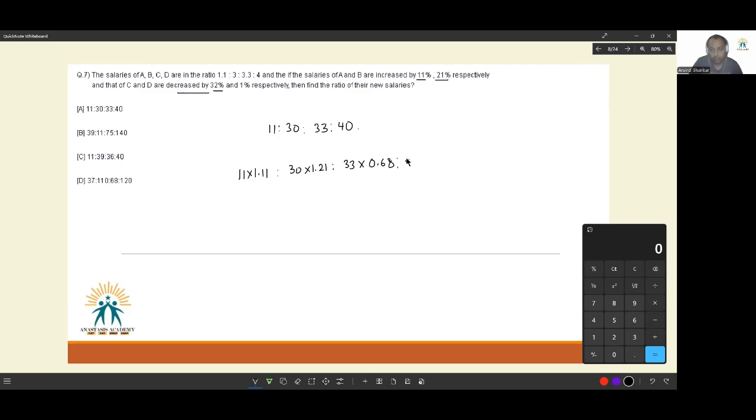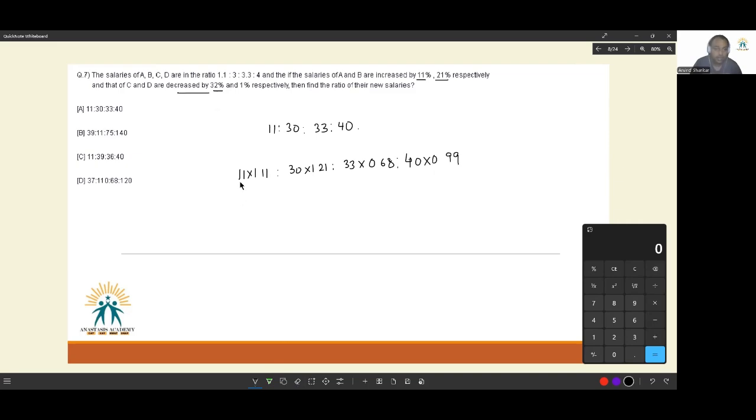And finally, 40 into 0.99. Once you've reached here, you'll realize these two decimal spots are not that great. Let us remove the decimal spots. Let me get rid of the decimal from every ratio. We can still operate nicely.